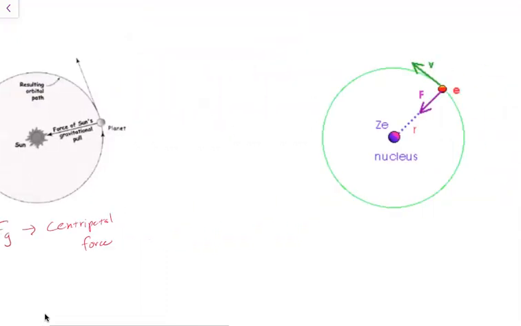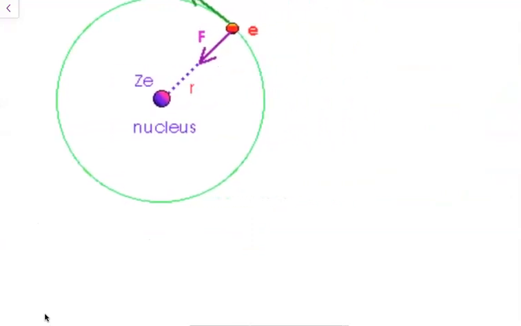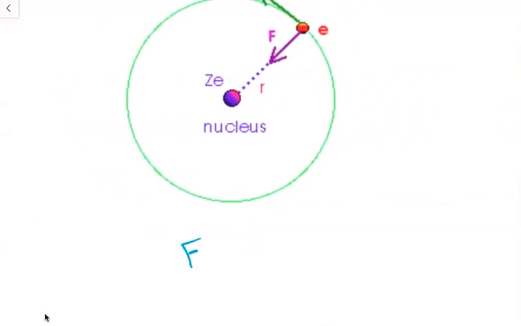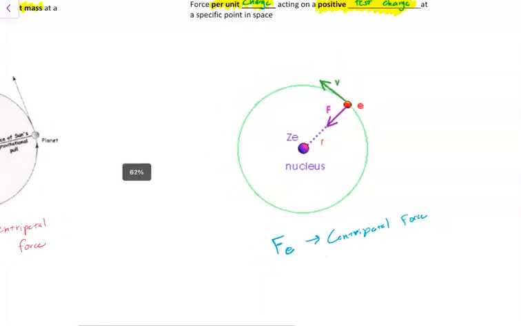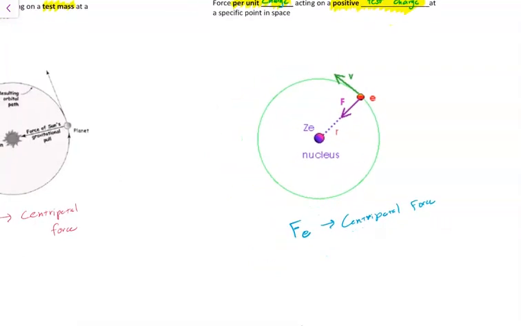Now when we go to atoms and charges moving around, we're going to say that the electric force is equal to the centripetal force. And it acts the same way. Again, the m's don't get canceled out because we're dealing with Q's. But that'll show up in the practice.